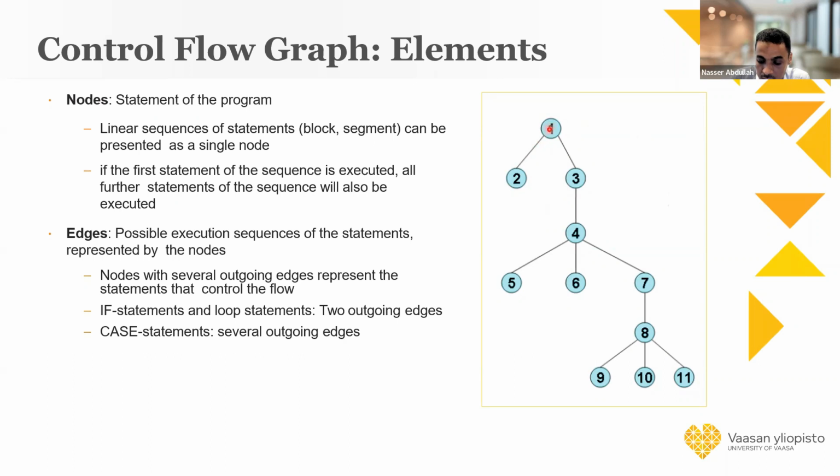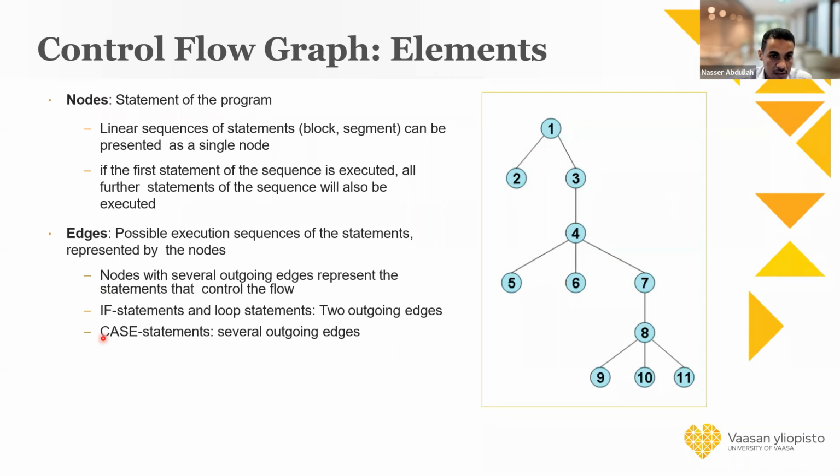For example, we have statements 1, 2, 3. From 1, it can go to 2 or it can go to 3. Once we have two options, that means we have a condition, an if statement, or a case statement, or a loop. All of them can be represented by this edge.